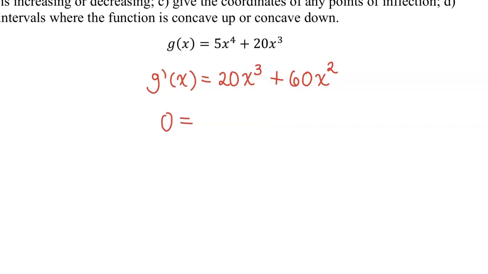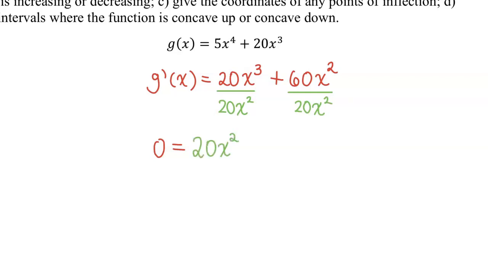Now let me see, they definitely have the greatest common factor, right? The greatest common factor looks like 20x squared. So I'm going to factor out 20x squared in front of the parenthesis, and write down the leftover inside this parenthesis.